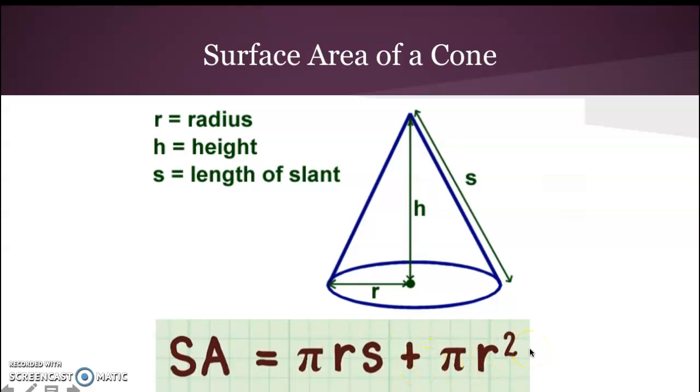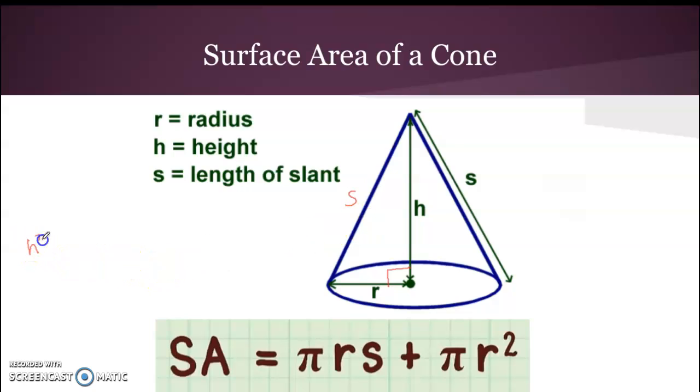Now with these questions, sometimes they're a little tricky. They will not give you a slanted height. They will give you the actual height. And because your height is always perpendicular, it will create a 90-degree angle, which is right here. And in order to get the slanted height, you would have to do the Pythagorean theorem.